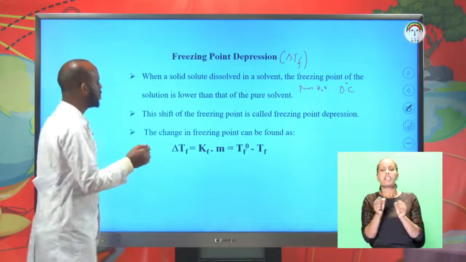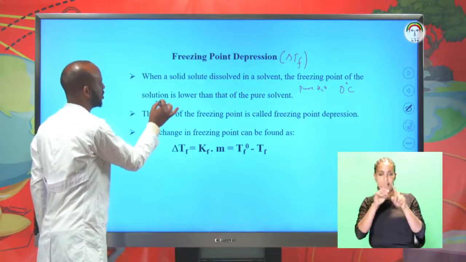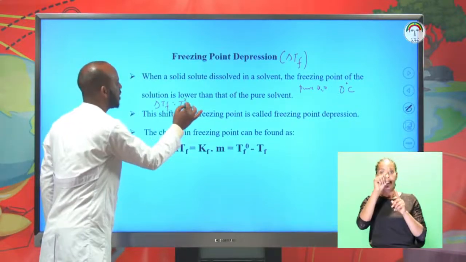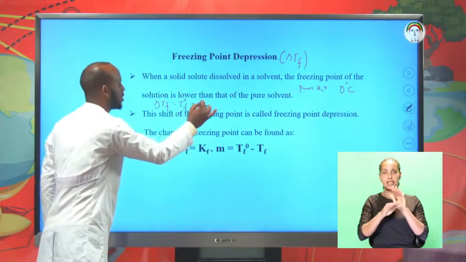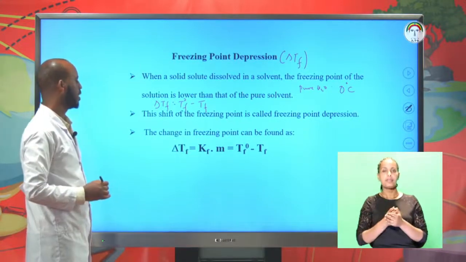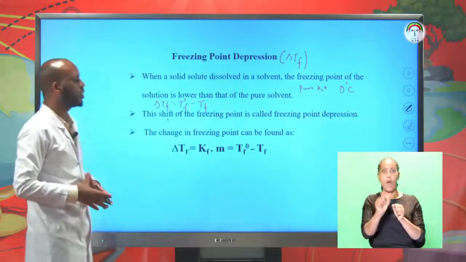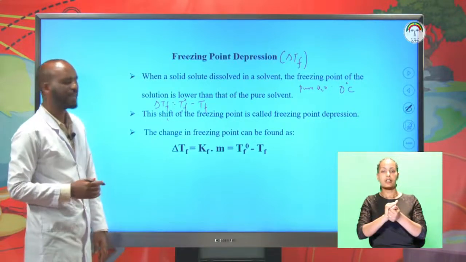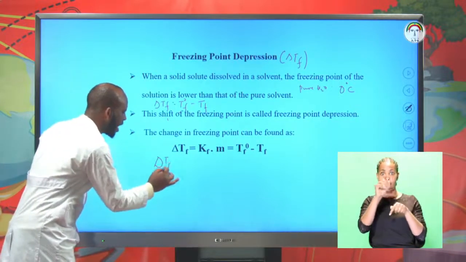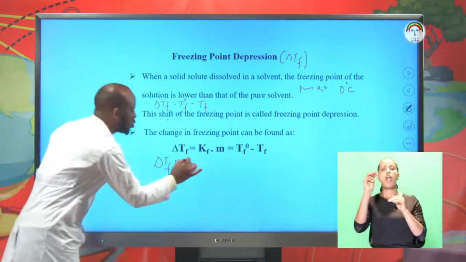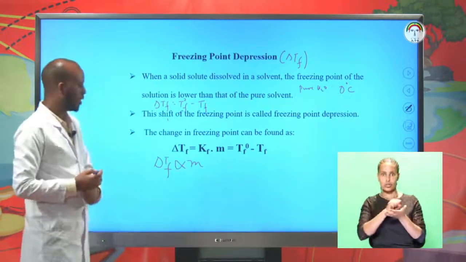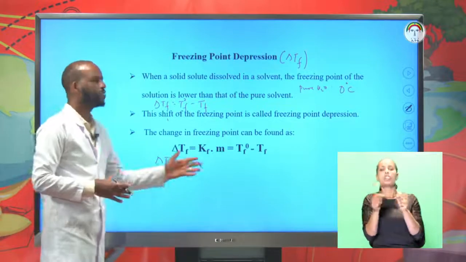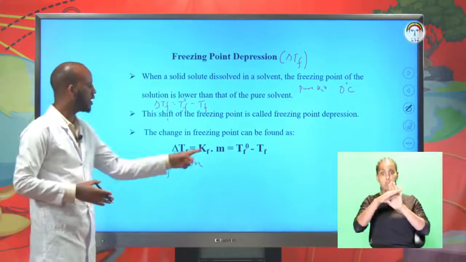Now, freezing point depression ΔTf equals the freezing point of the pure solvent T0f minus the freezing point of the solution Tf. This shift of the freezing point is called freezing point depression. The change in freezing point ΔTf is directly proportional to the molality of the solution. This proportionality constant is known as the freezing point depression constant, denoted by the symbol Kf.